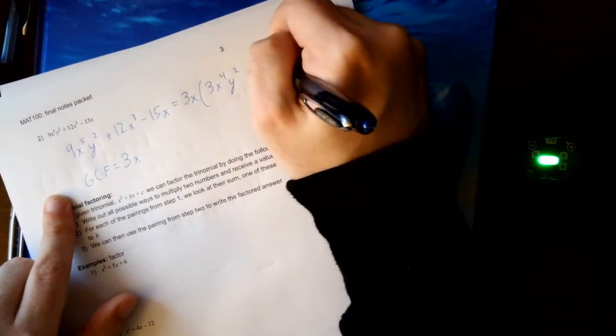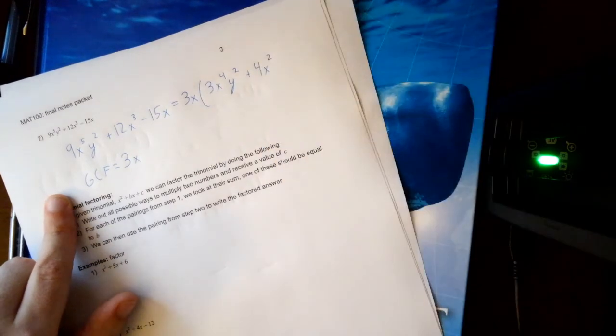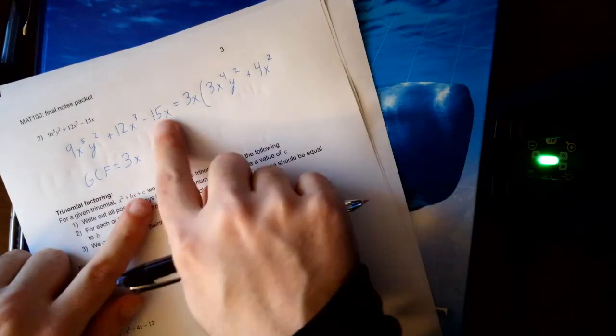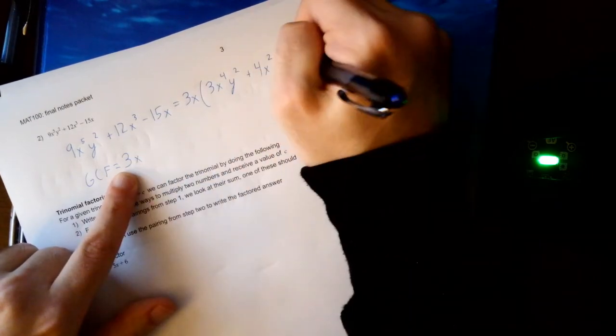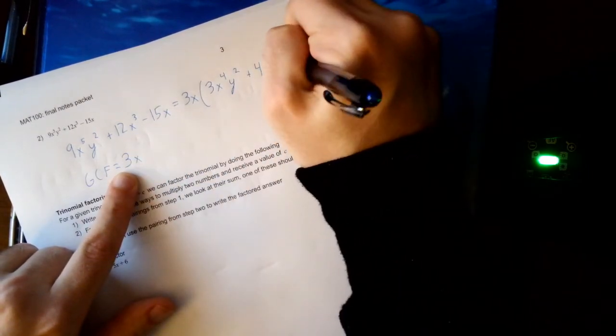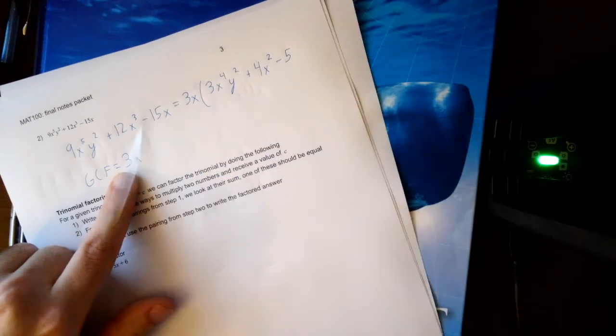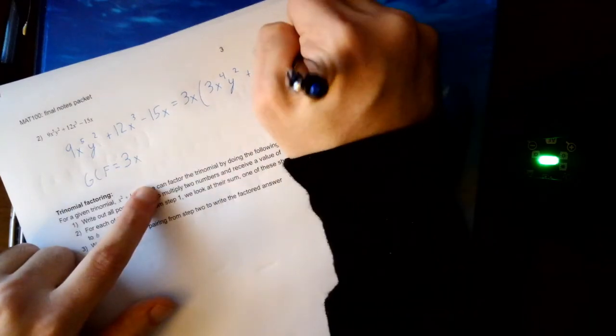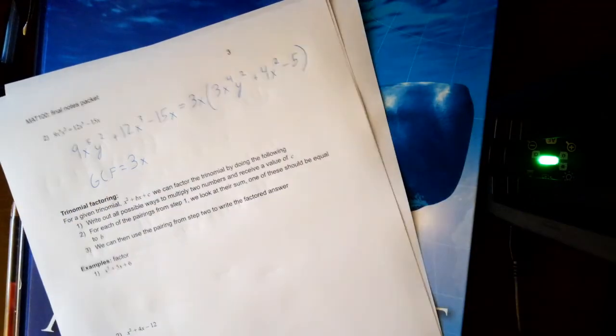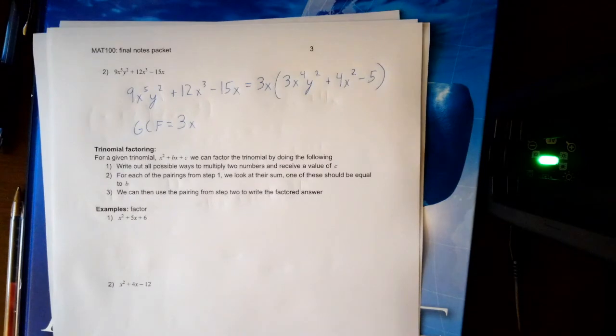X cubed, factor out an x, leaves me with x squared. And then 15x divided by 3x. 15 divided by 3 is 5. Make sure you keep the subtraction right. It's subtracting 15, so I need to make sure I respect my signs. If I factor out the x, it's no longer there, so I'll close out my parentheses. So that's factoring out a GCF.